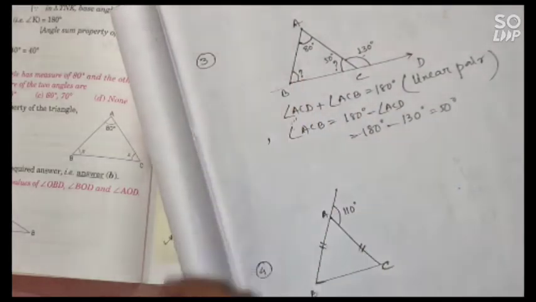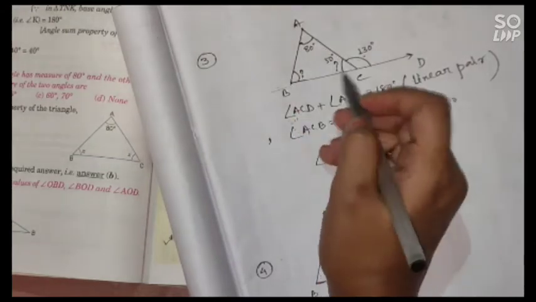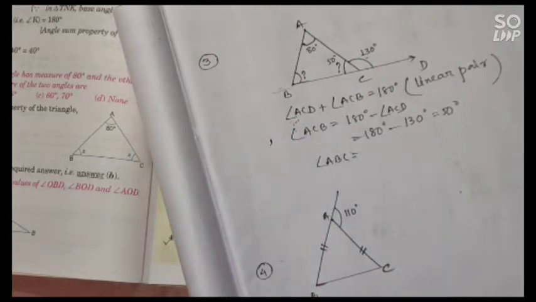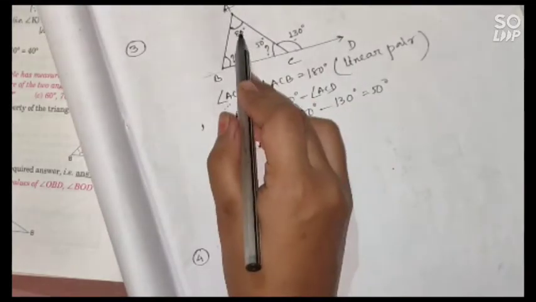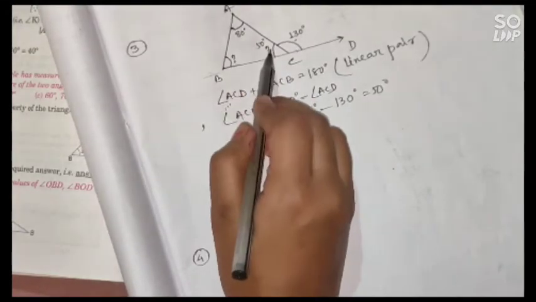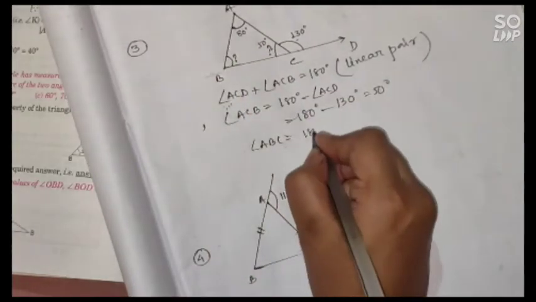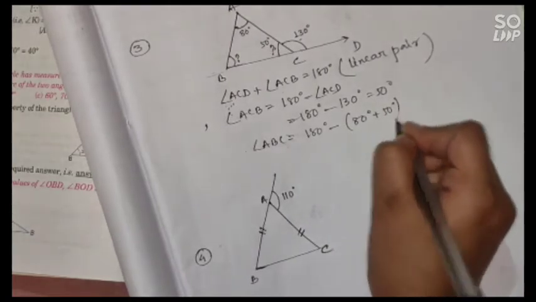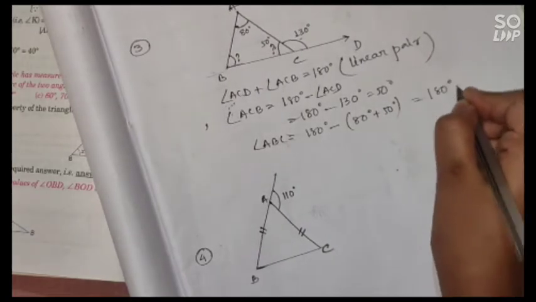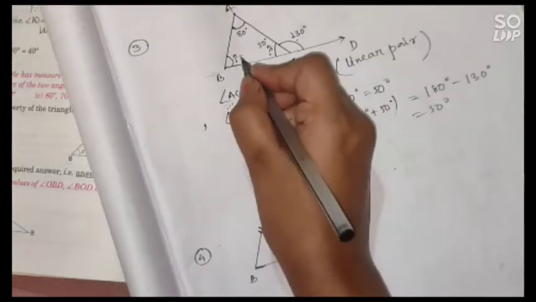So how can you get this value, angle ABC? By the angle sum property, the sum of 3 angles of a triangle is 180 degrees. So if you subtract the sum of this and this from 180 degrees, you can get angle ABC. 180 minus (80 plus 50) is equal to 180 degrees minus 130 degrees, that is equal to 50 degrees.